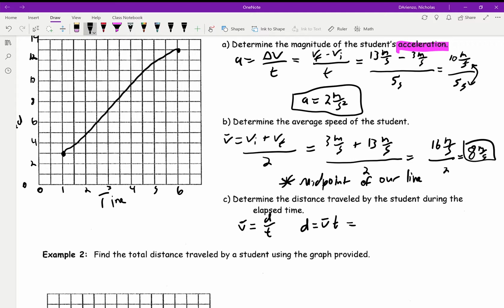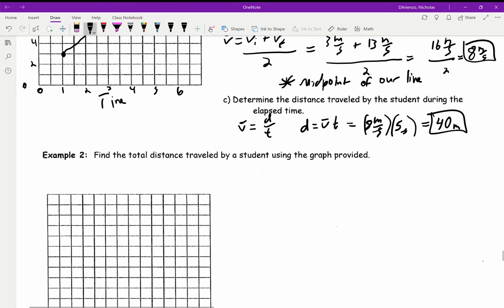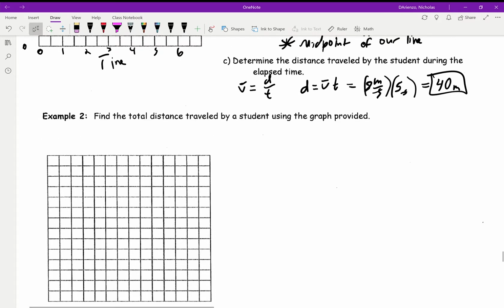Plugging in, we take our average velocity, 8 meters per second, and multiply it times 5 seconds. This gives us a total distance, 8 times 5, of 40 meters, seconds canceling here. So we can do that algebraically. We can also do that graphically.